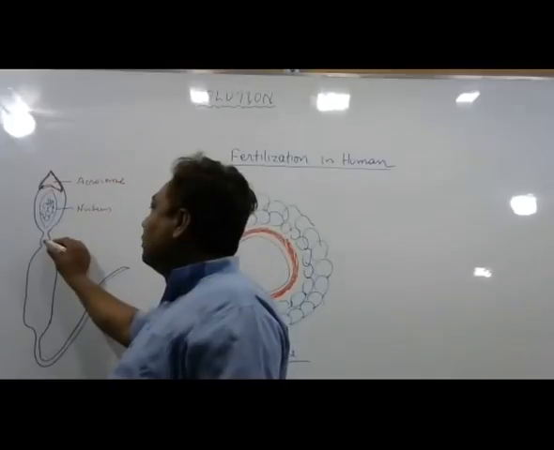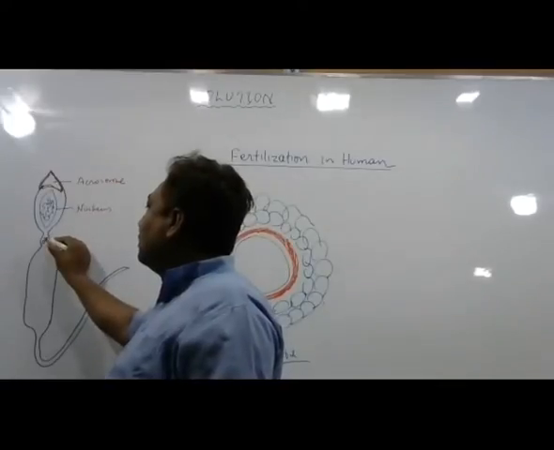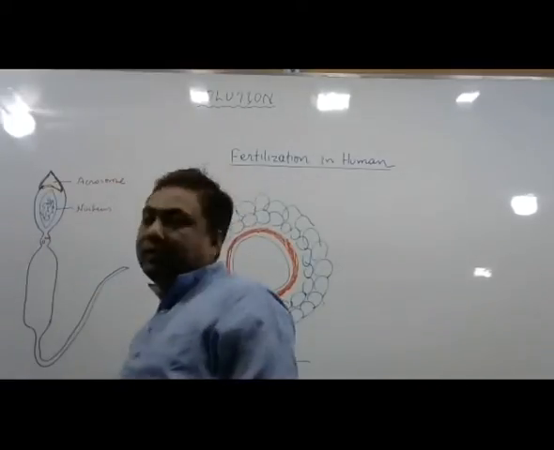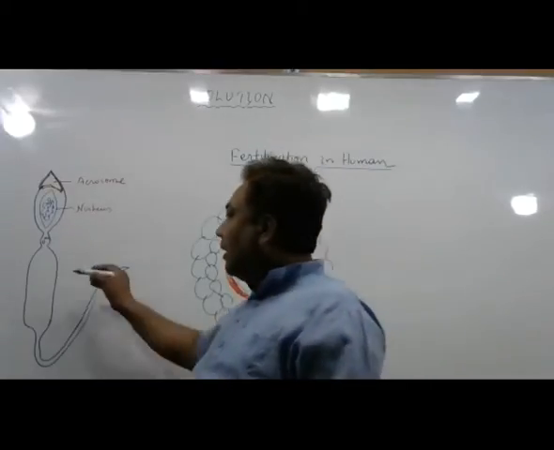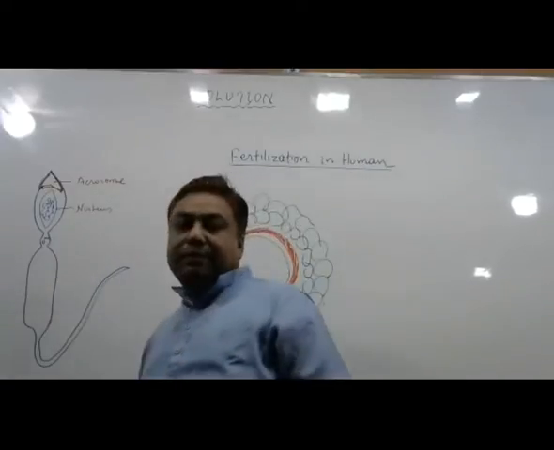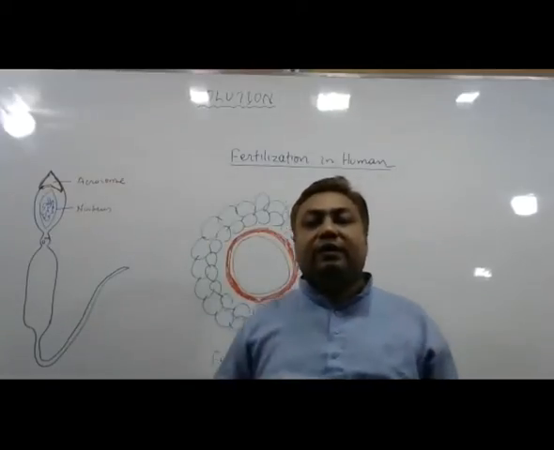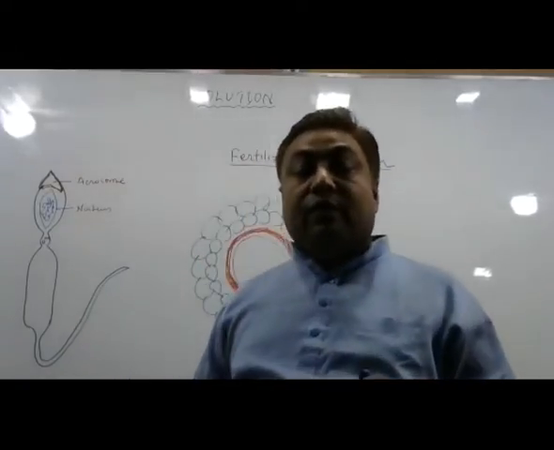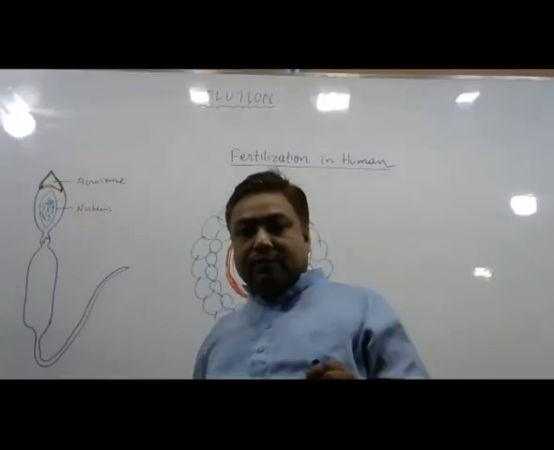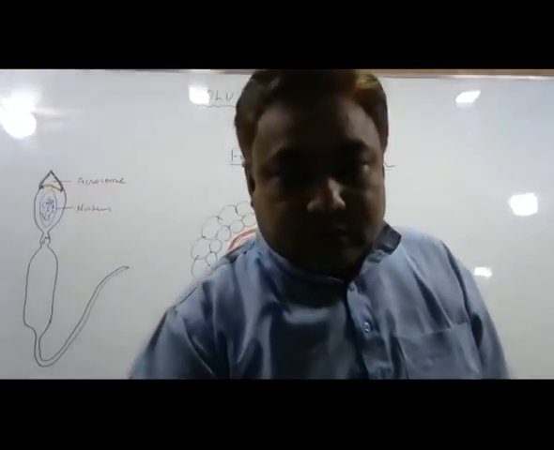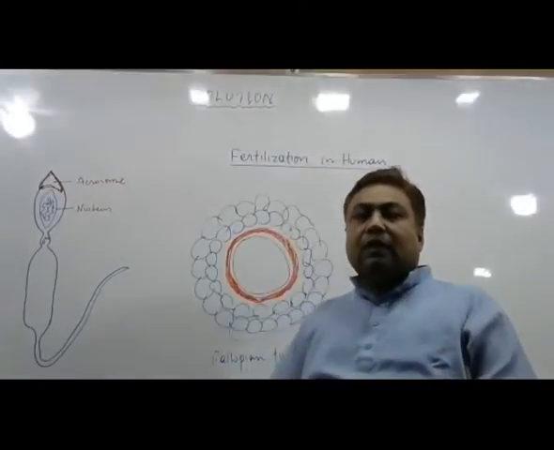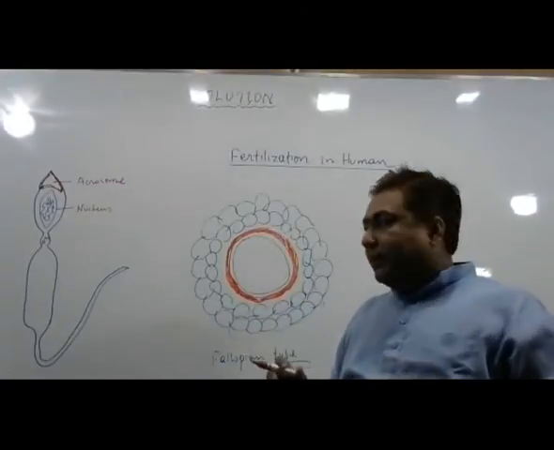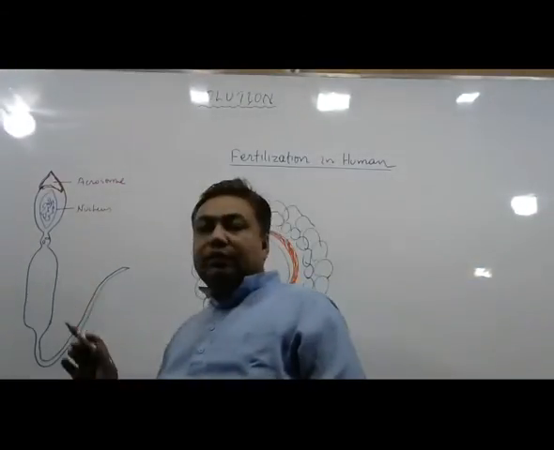Two centrioles are present in the neck region. And this middle piece has 70 to 100 mitochondria, which provide energy to the sperm.